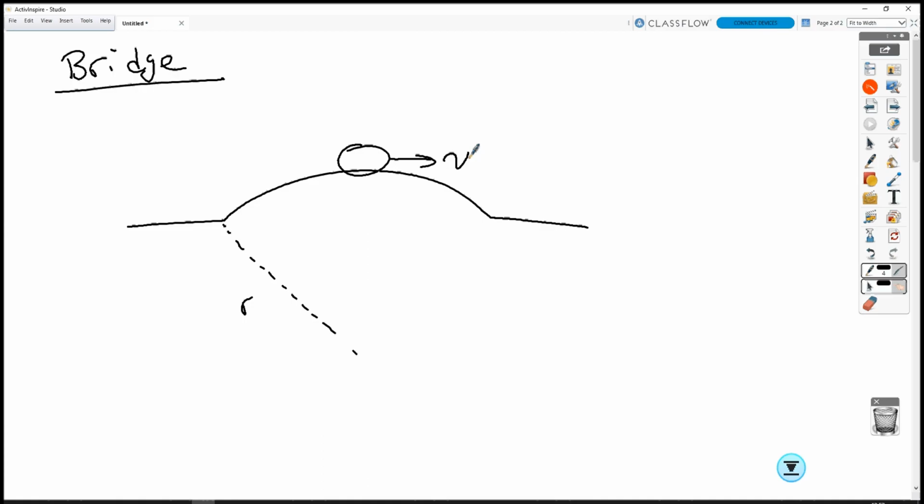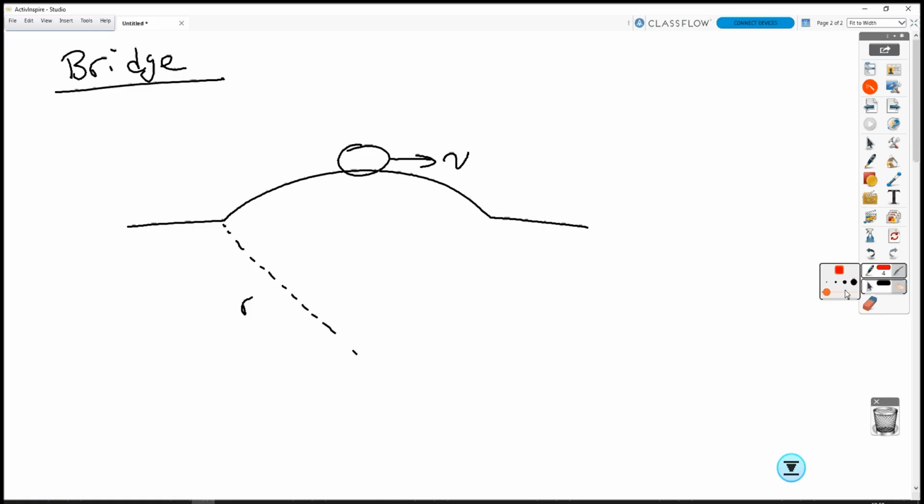Now, we want to consider the forces acting on this object that will make it perform circular motion while it's on this bridge. So for it to perform circular motion, its velocity is going to curve downwards in the next instance.